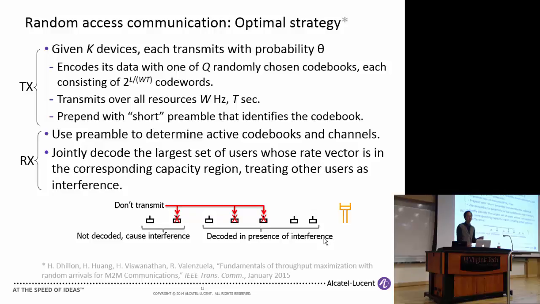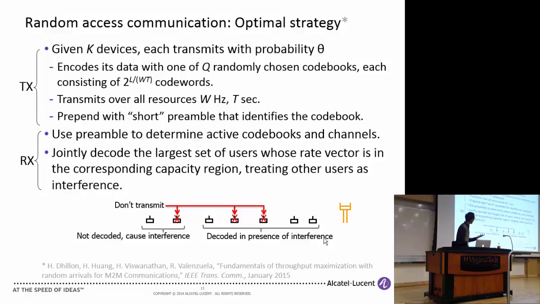So again, this is a detail of the information theory proof that's required to show that this is optimal. At the receiver, you're listening for this preamble, and once you detect that, then you know which code books are active, and then you jointly decode the largest set of users whose rate vector is in the corresponding capacity region, treating others as interference.